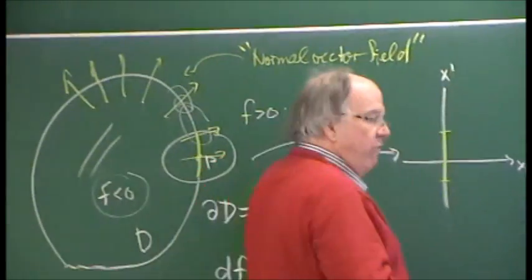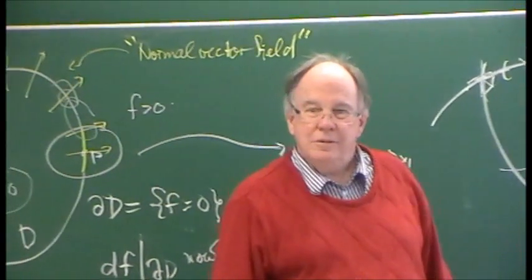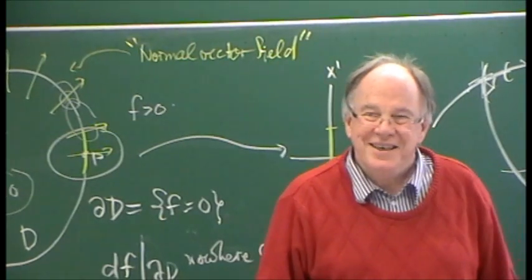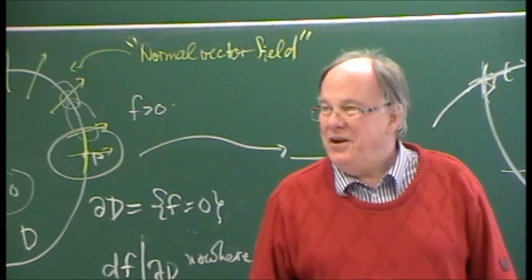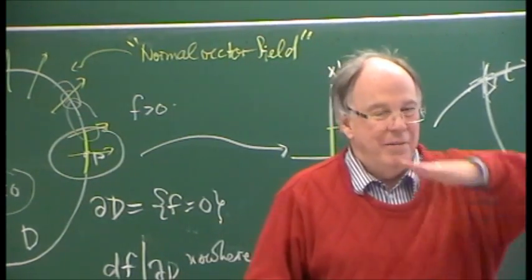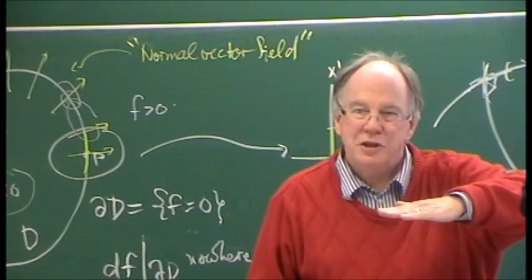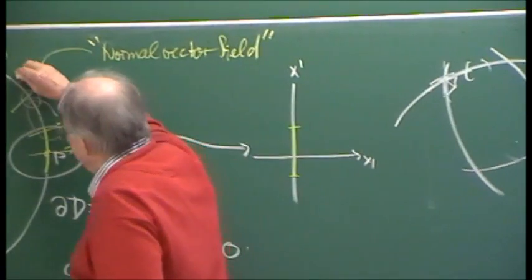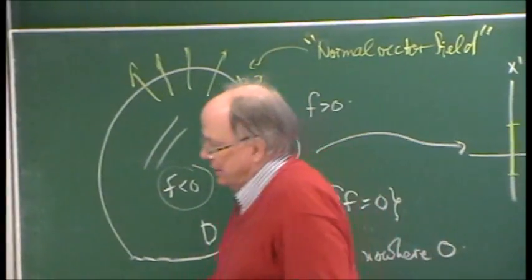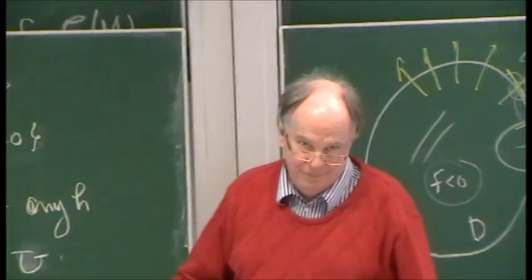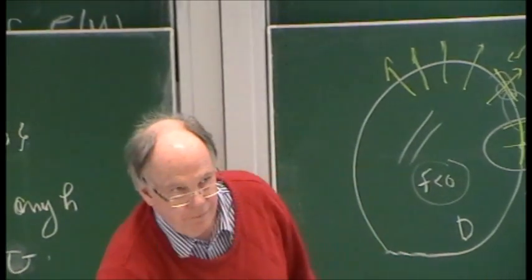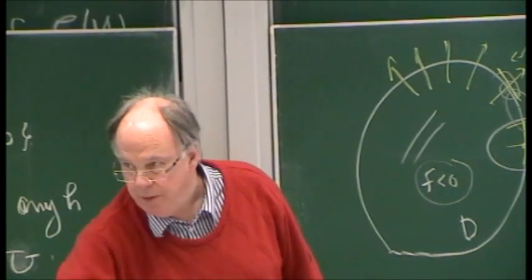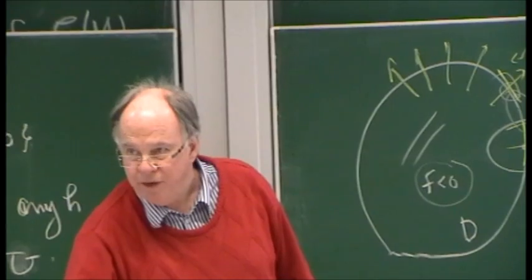Now, a normal vector field doesn't exist without further information. As you know from high school geometry, a perpendicular depends on your choice of the geometry. So what is being discussed here is the gradient field along the boundary, assuming you have a metric. Now, it's no assumption, because you have many metrics, and for many applications, it doesn't matter which metric you have.